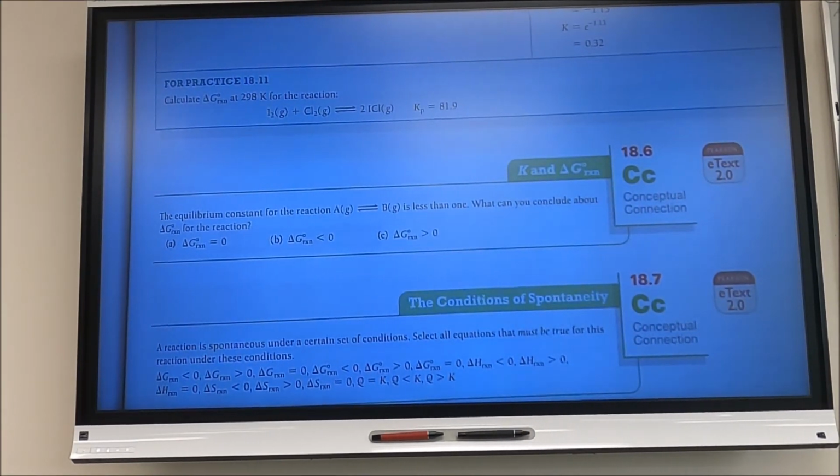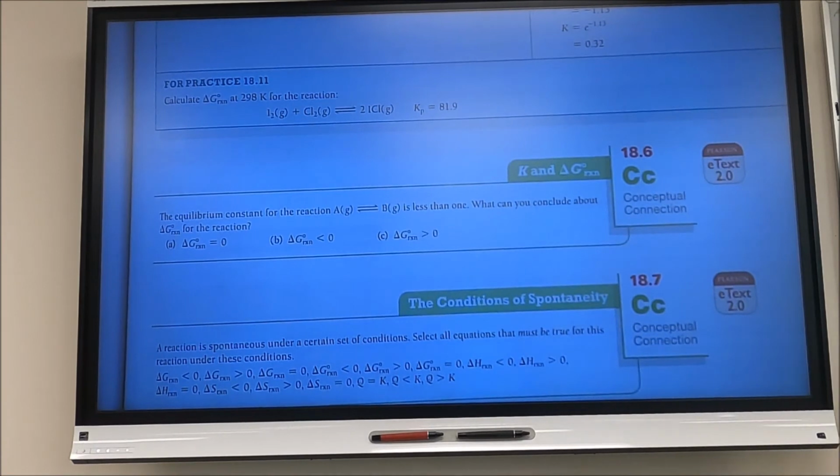Calculate delta G0 at 298 K for the reaction I2 plus Cl2 going to 2 ICl, and you're given Kp is 81.9, no units.